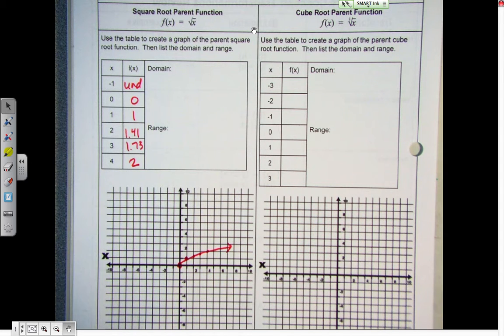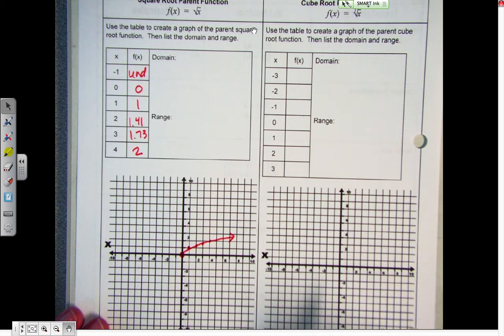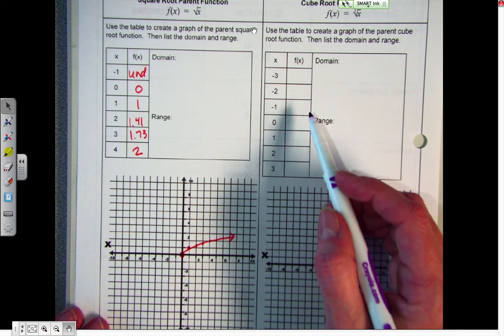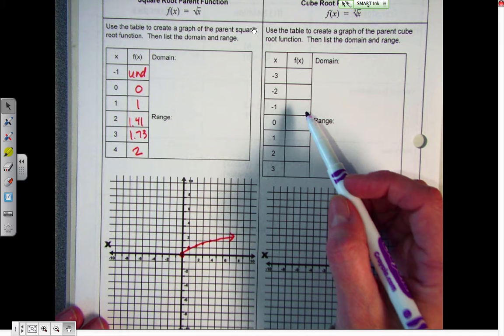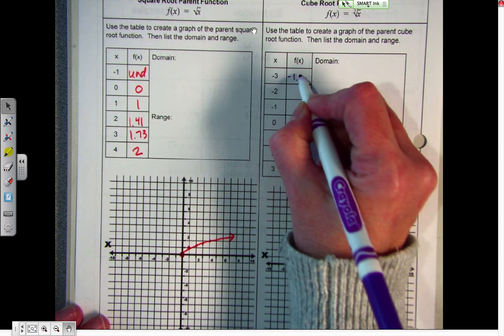Cube root parent function: use the table, create a graph of the parent cube root function, then list the domain and range. So we have cube root of -3. That is approximately -1.44.